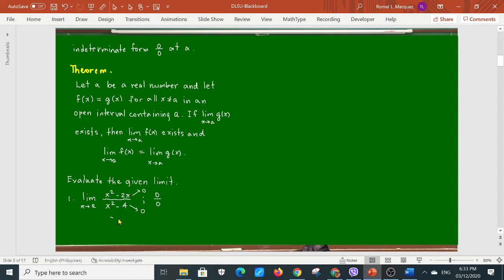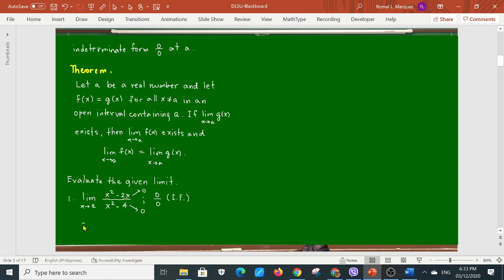Okay? The quotient, the value of the function at 2. So the limit, as I said, takes the indeterminate form 0 over 0. If that is the case, we cannot evaluate the limit using this function.